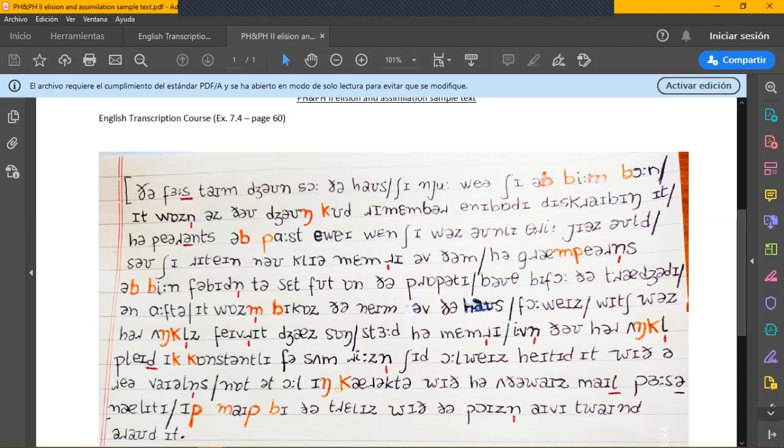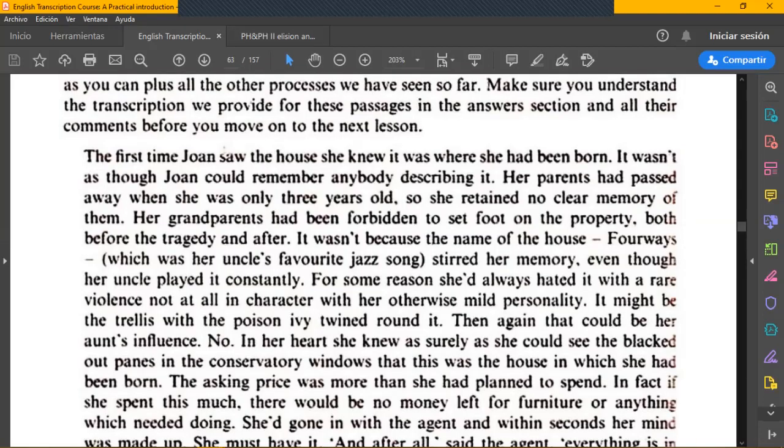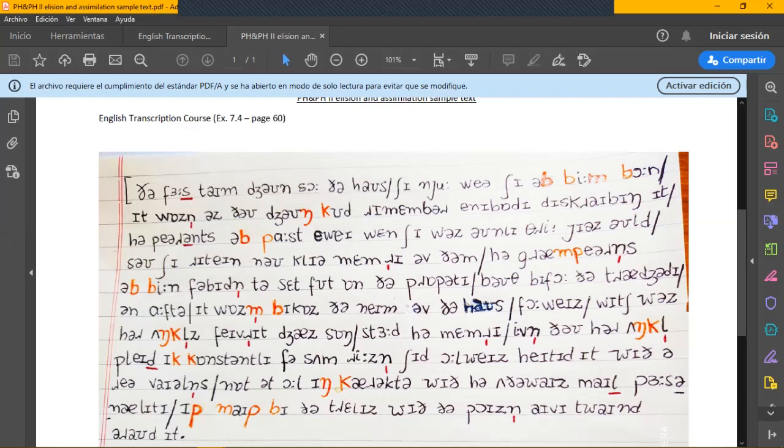Then we can see in these two words, let me show you the words, these two sounds have been assimilated. Why? Because first of all, as it is an auxiliary verb, the glottal sound that was at the beginning has been elided as well, because it's in an unstressed syllable.